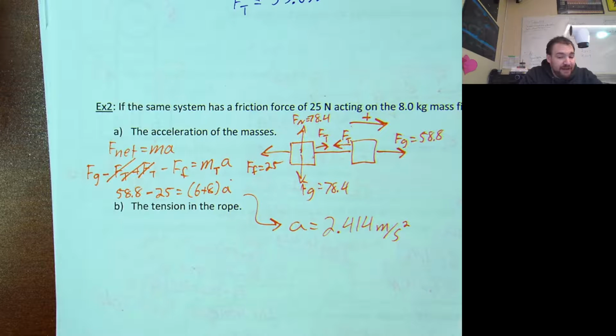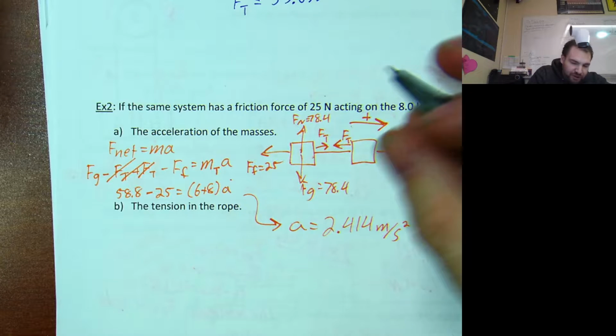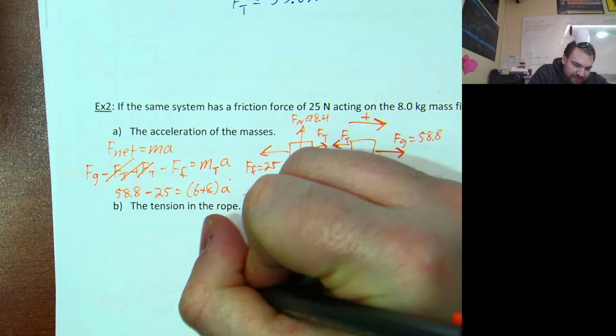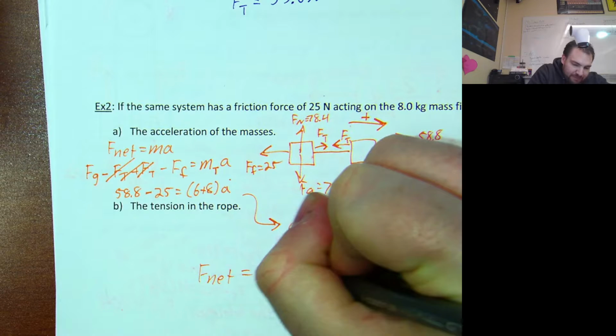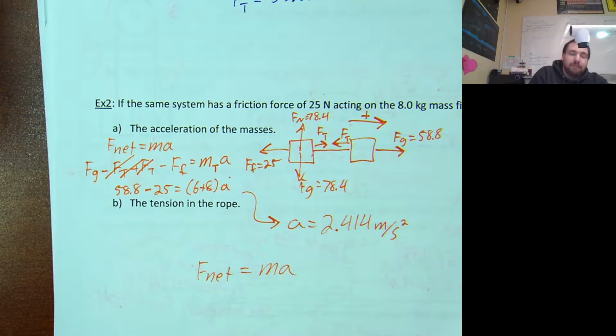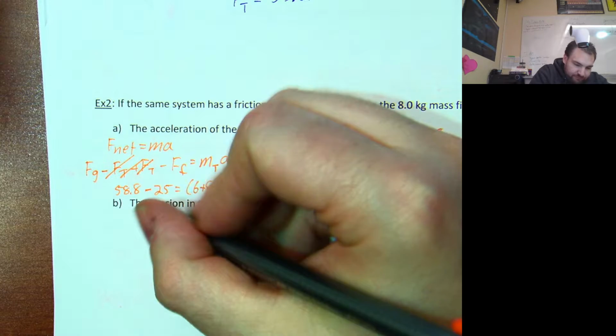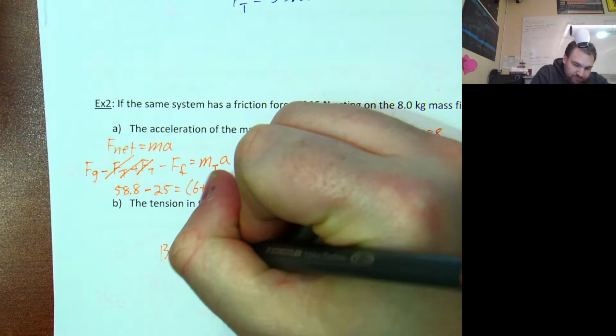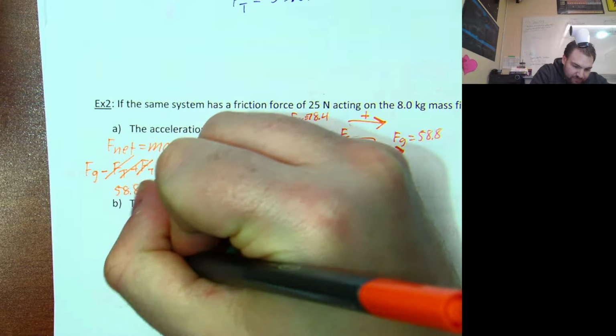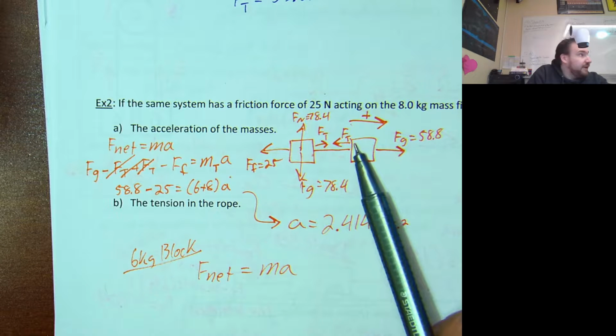So now the tension in the rope, again, now we can analyze one block. Now, Manuel, it doesn't actually matter which one we use because both blocks have two forces acting on it. So Manuel, which one do you want? Right side. Okay, cool. So F net equals MA on the right block. Which forces are acting positively? Which ones are acting negatively on that block? FG is acting positively, FT is acting negatively.